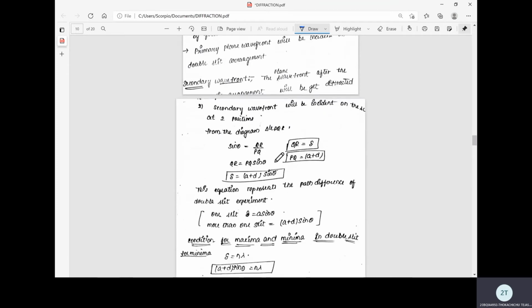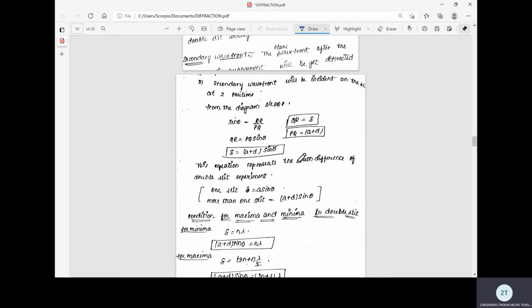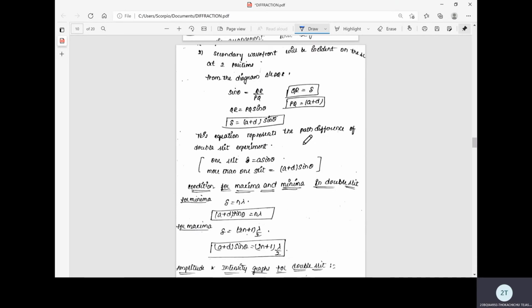Substituting these values of QR and PQ, we get sine theta equals S by a plus b, and on sending a plus b to the other side, we get that the path difference S equals a plus b sine theta. Now this equation represents the path difference of this double slit experiment.